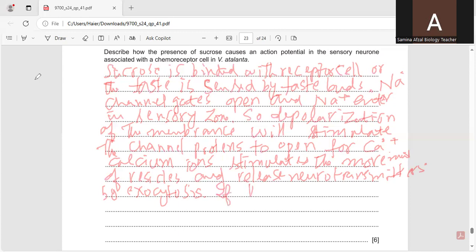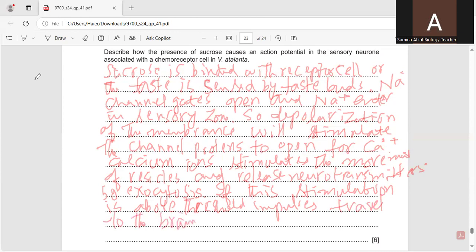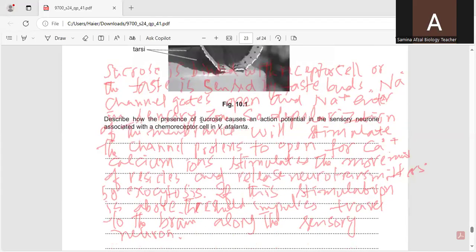And if this stimulation is above threshold, impulses travel to the brain along the sensory neuron. So it was all about question number 10.